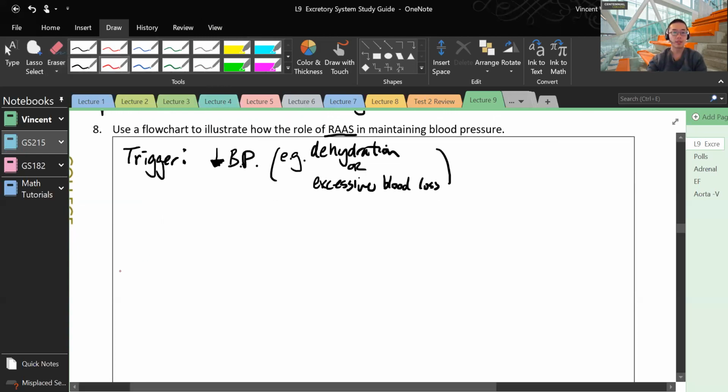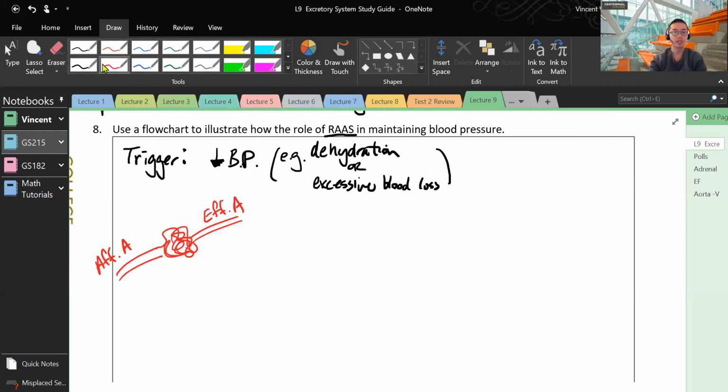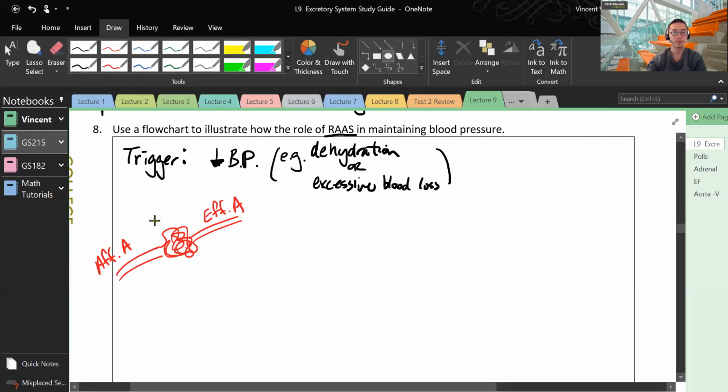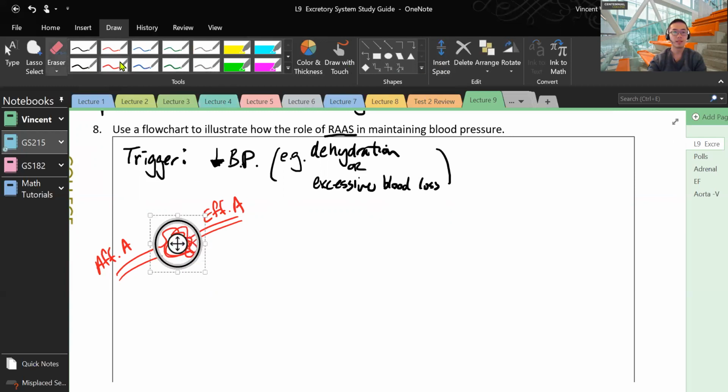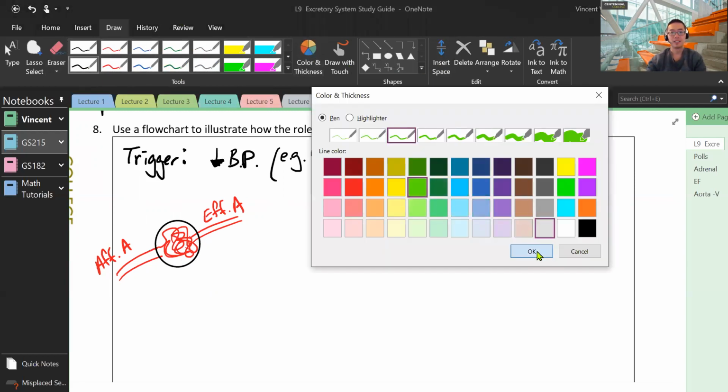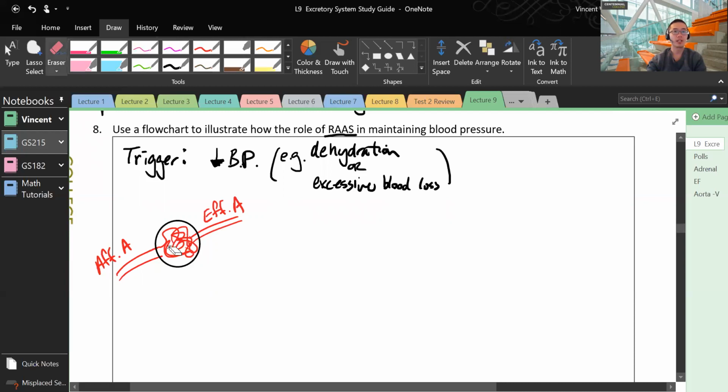Okay, so let's take a look at this. We have the afferent arteriole. And by now you should know what I'm drawing. What is that thing again? Just checking to see if you are all with me. What is this little mumbo jumbo thing? That's a glomerulus, right?